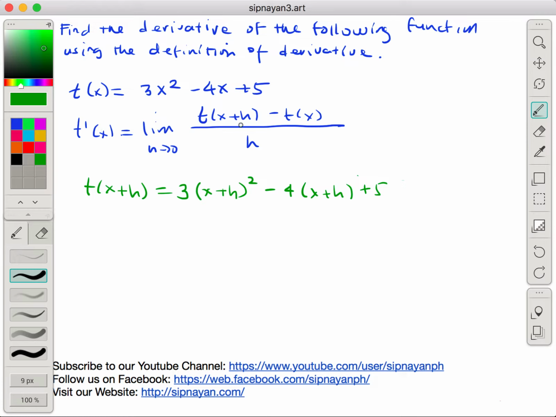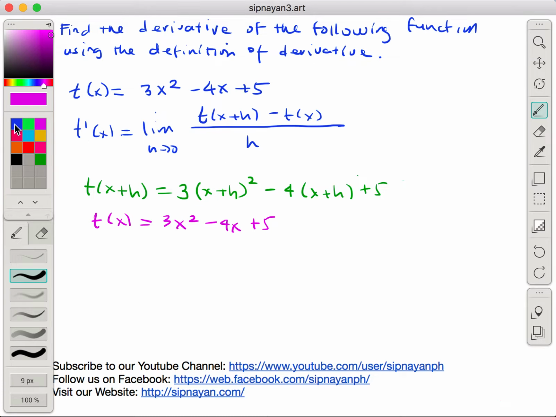And then yung t of x, we have t of x is equal to 3x squared minus 4x plus 5. So, meron na tayo nito, pwede na natin gamitin yung formula.